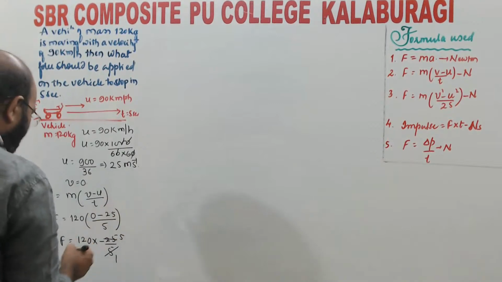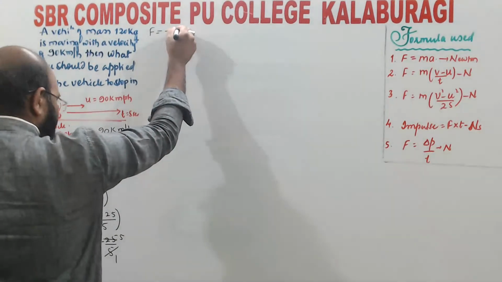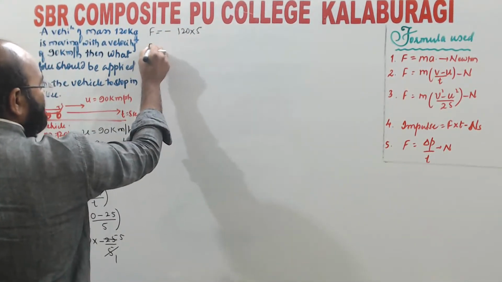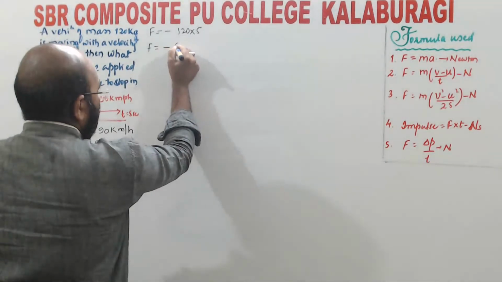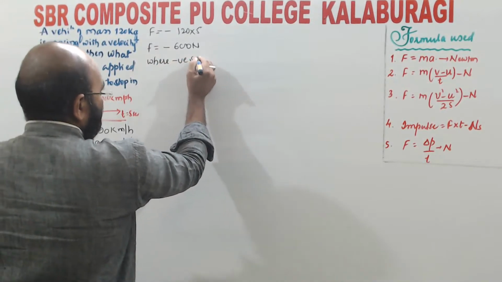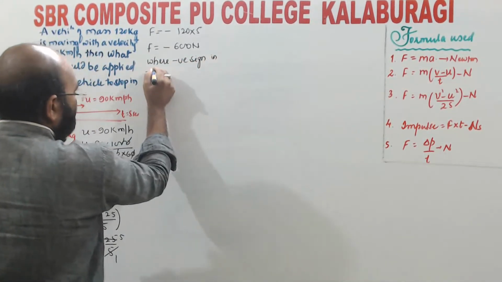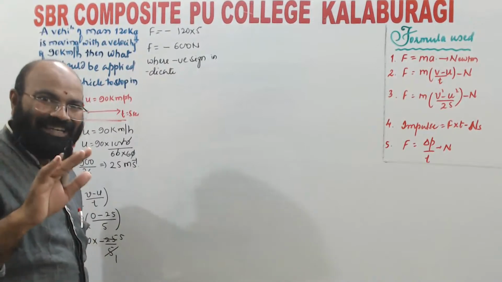So the force F acting on the vehicle is minus 120 into 5, which equals minus 600 Newton. The negative sign indicates retarding: the force acting on the body decreases the motion.